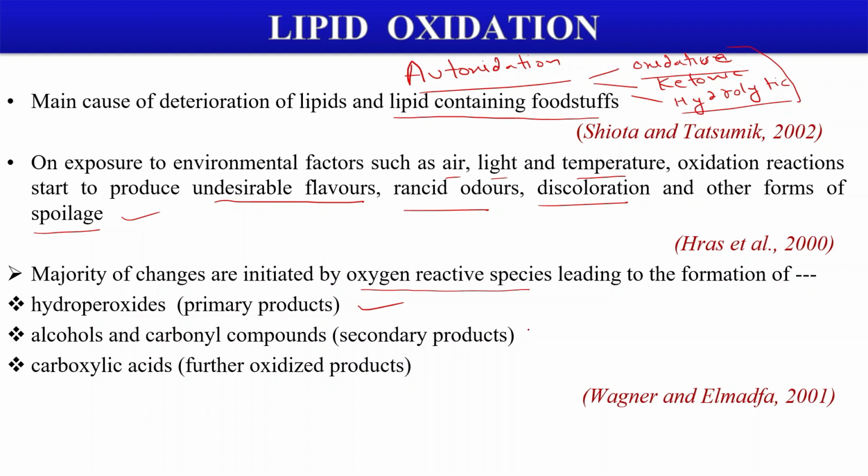Alcohols and carbonyl compounds are secondary products, and carboxylic acids are further oxidized products.